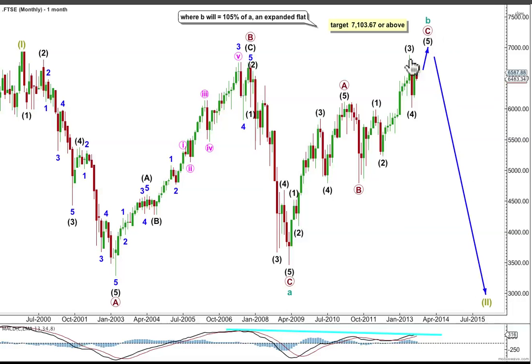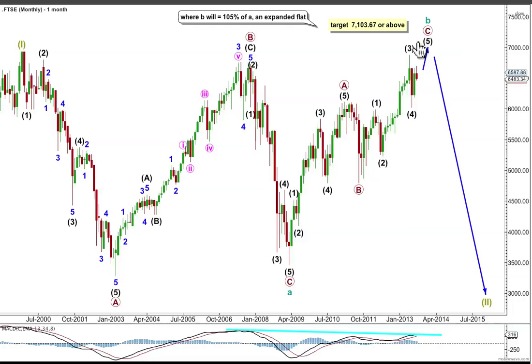If cycle wave B fails to reach up to 7103.67 and is less than 105% the length of cycle wave A, then the flat would be correctly termed a regular flat, and that would expect cycle wave C to end around about the same level as cycle wave A, probably just a little bit below that, to avoid a truncation and a rear running flat.